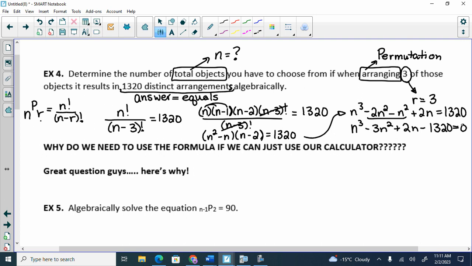Because can we actually solve a cubic yet? No, but very soon we will be able to in polynomials. So it shows how you can put the two together, put this unit with polynomials. But we're stopping there because we can't solve a cubic right now. I just wanted to show you where we can go with this. Okay? We're not going there today.